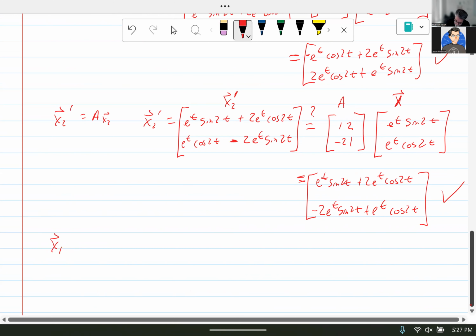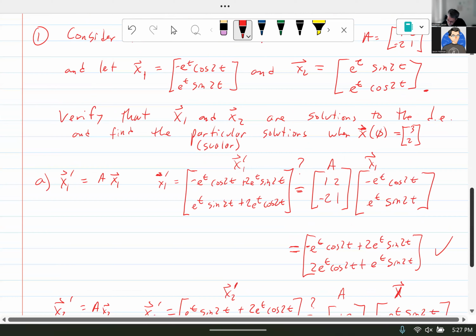Okay, so let me rewrite what x1 and x2 were. x1 was negative e to the t cosine 2t and e to the t sine 2t. x2 was equal to e to the t sine 2t and e to the t cosine 2t. That's correct, right?